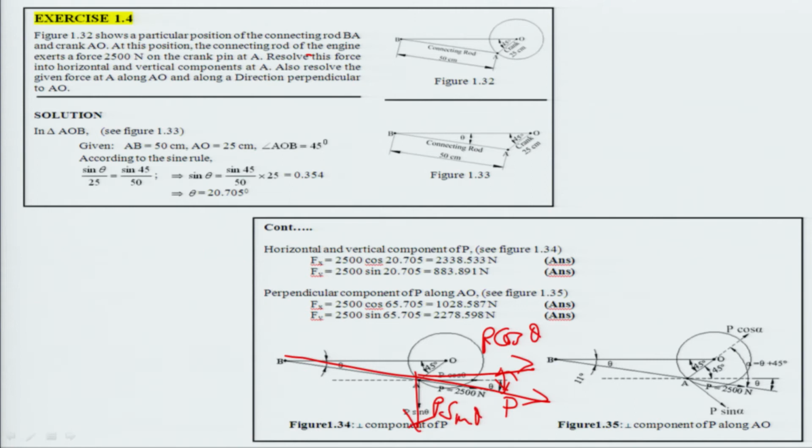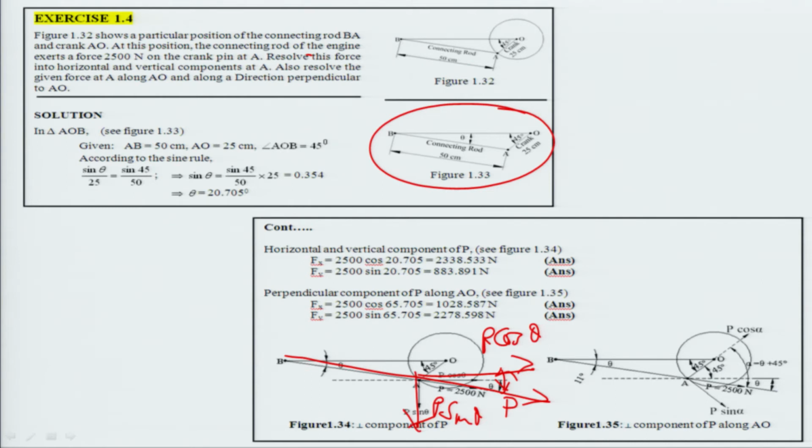How can theta be calculated? Theta can be calculated with the help of the sine rule in this diagram: 50 upon sin 45 is equal to 25 upon sin theta. With this, theta is calculated as 20.7, so the components can be calculated.